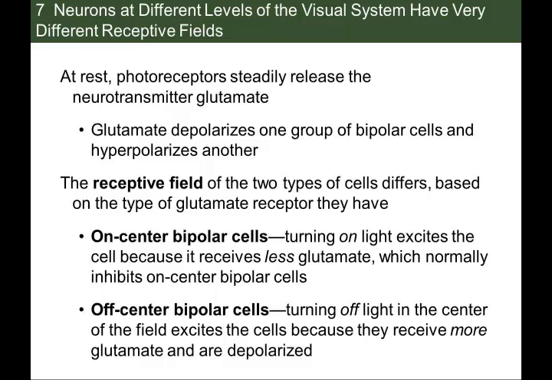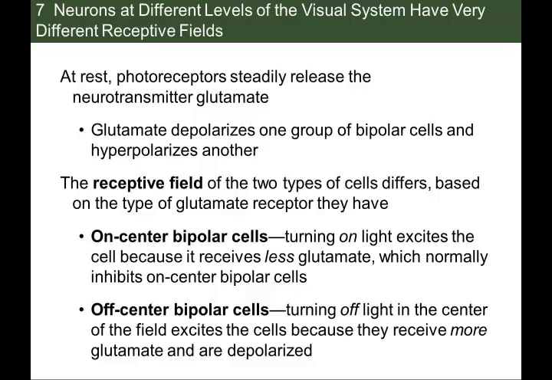The off-center bipolar cell is typically excited by glutamate. Excitation means that this bipolar cell will release more glutamate, so it will be inhibited by a reduction of glutamate, which happens when the photoreceptor is activated by light.